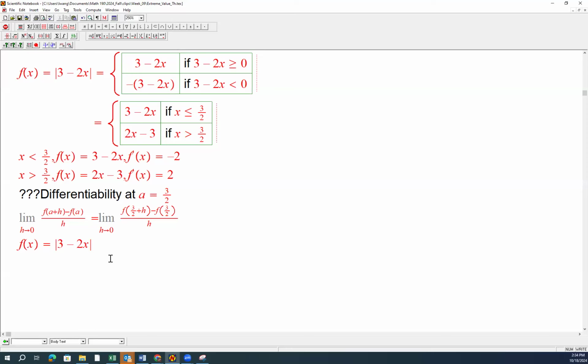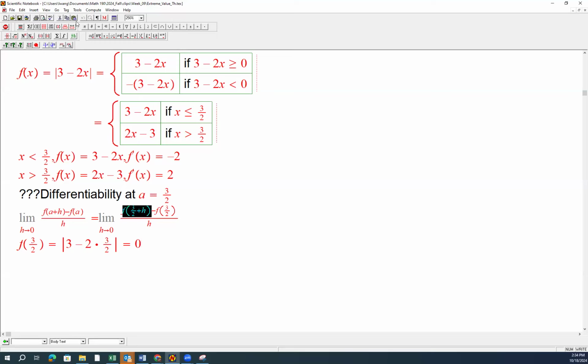Now our function is this piece. So what is f of 3/2? Plugging in, replace x by 3/2, and this will give us 0.